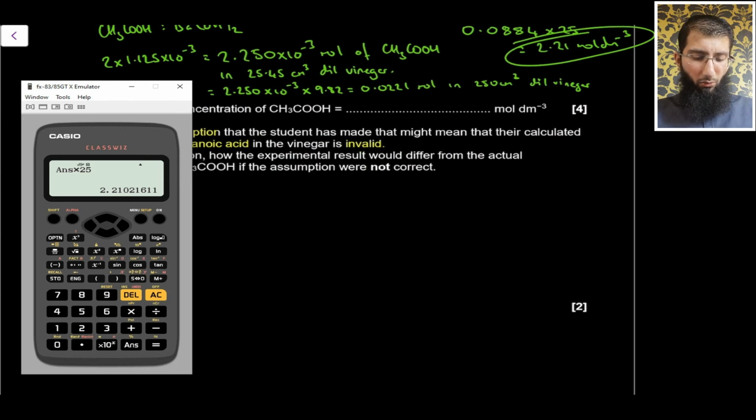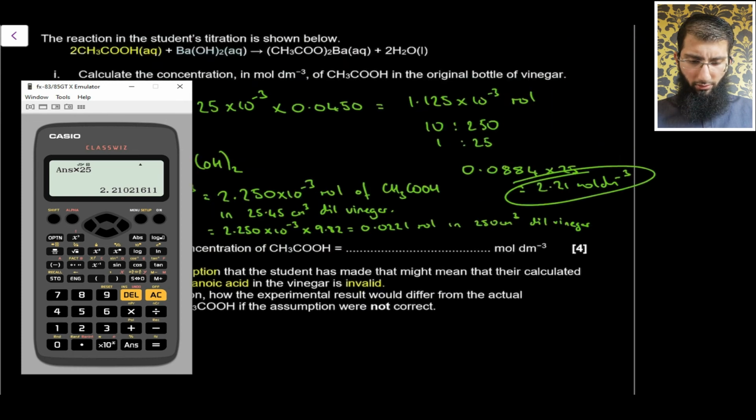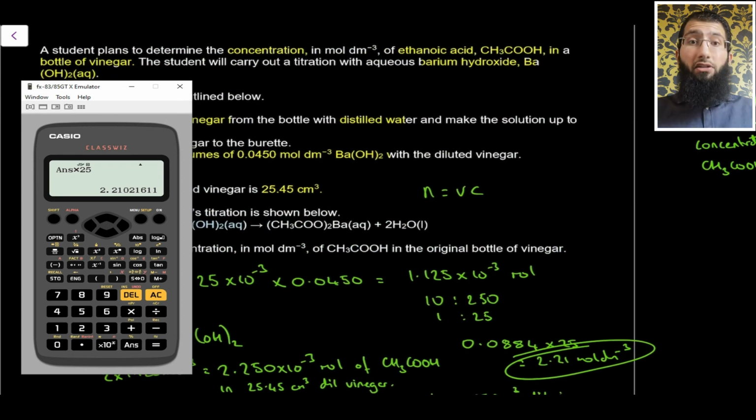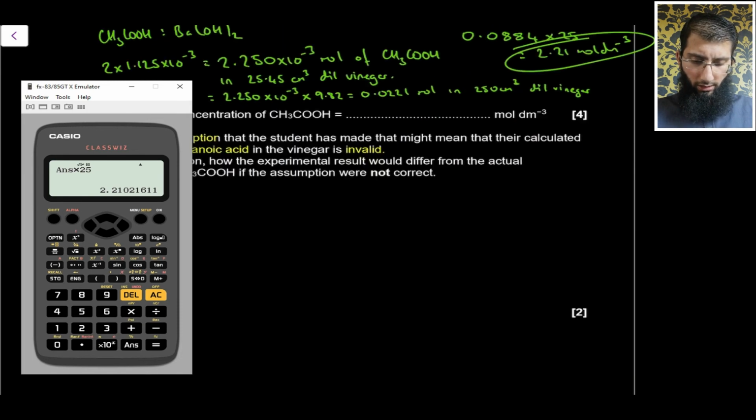Okay, that's quite wordy. Well, in this case, we're assuming, aren't we? The assumption must surely be that the vinegar contains only ethanoic acid. Yes, it is a key component, but we're not told anything else about it.